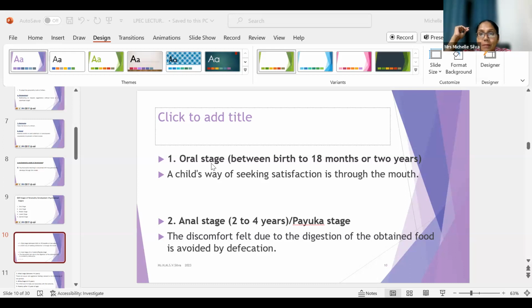During that period, we are pushing the child to release poop and piss as soon as they can. Let's say their parents are dual career couples who want to go to work. So early in the morning we keep our child on a potty and push them to release poop and piss as soon as they can.